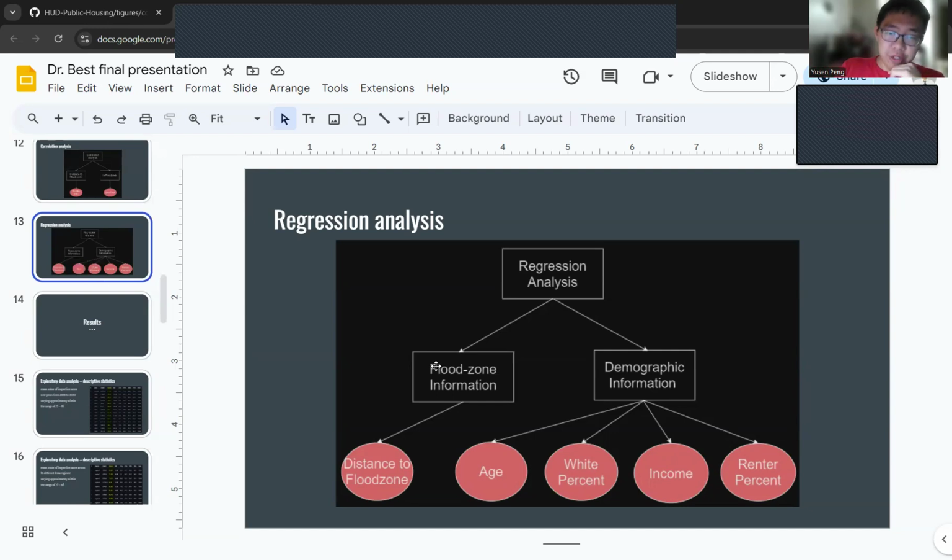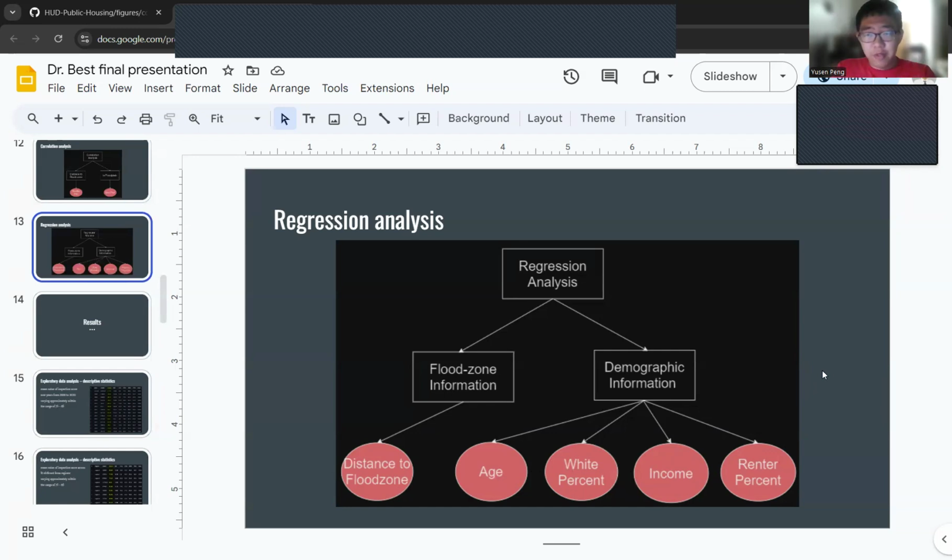So flood zone information, and then we have demographic information. These four variables were advised by Dr. Bass last semester. She asked, Yusen, can you first look into these four pieces of demographic information to see if there is any regression relationship with the inspection score?